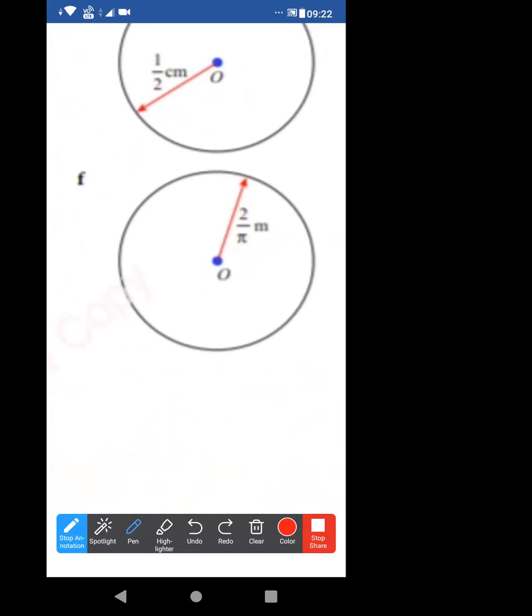Now just look. In this one, the radius is given, right? It is 2 by pi. No need to think about which portion is given, which is not. We'll just follow the formula, the rule.